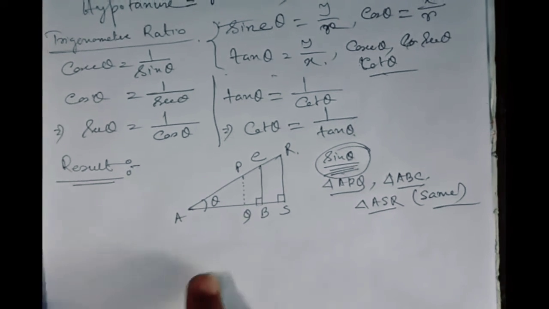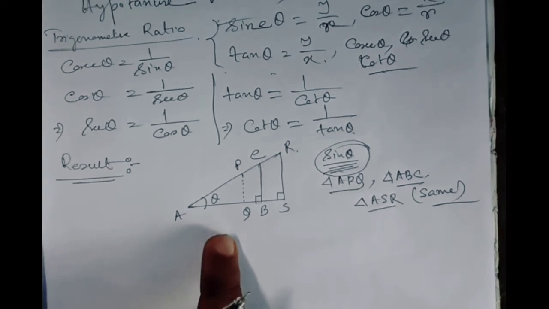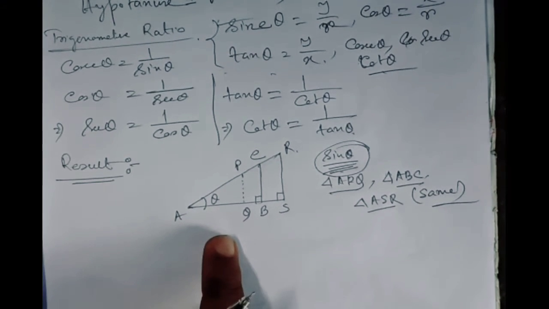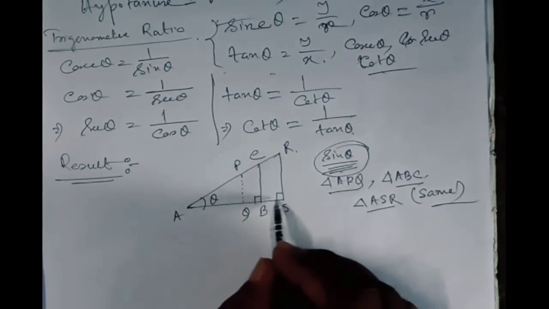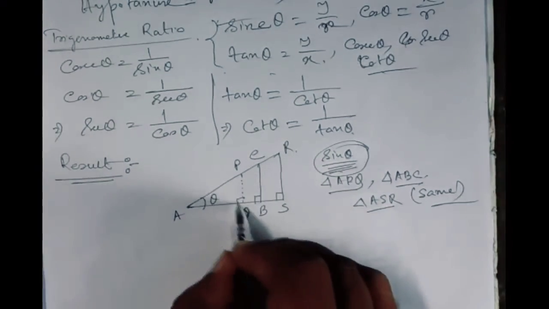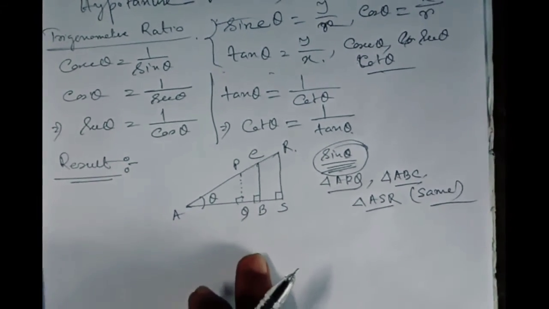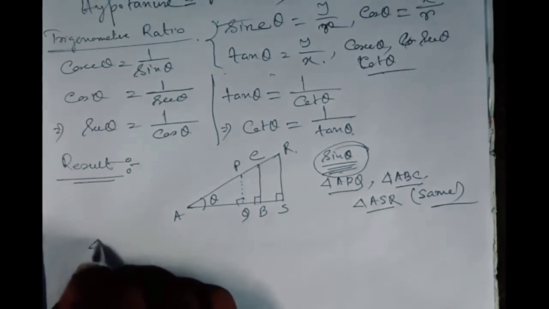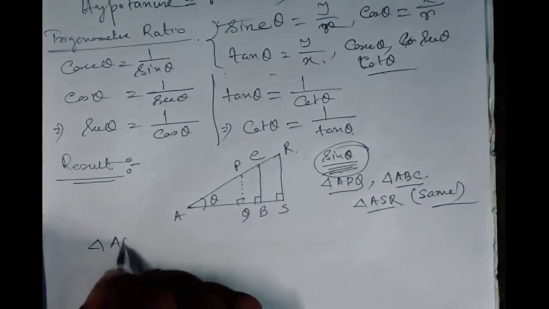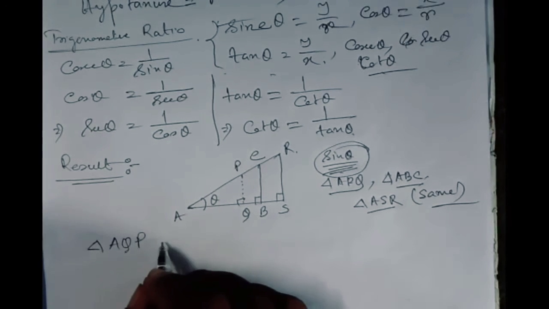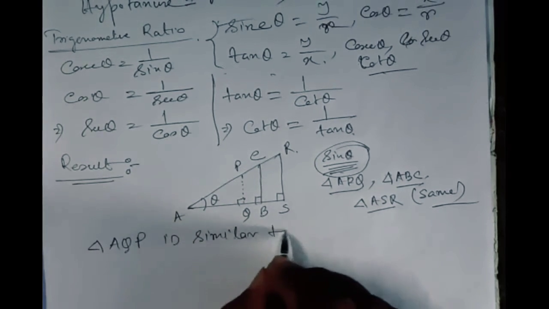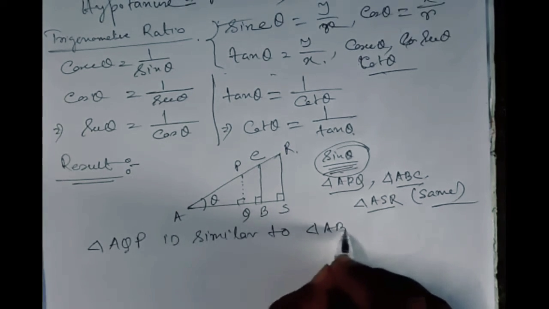So from here, if these angles are 90 degrees, and we take a point P, then triangle AQP is similar to triangle ABC.